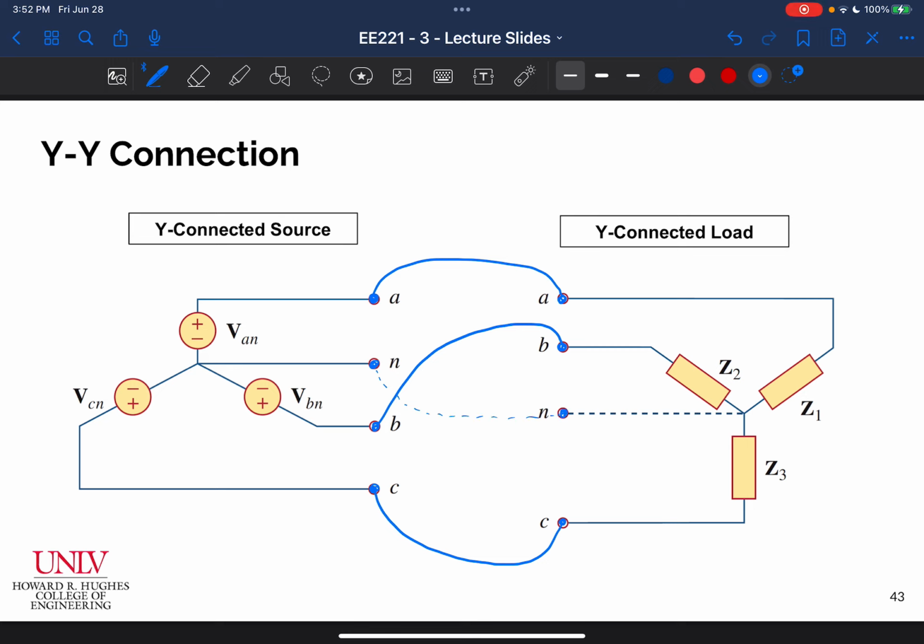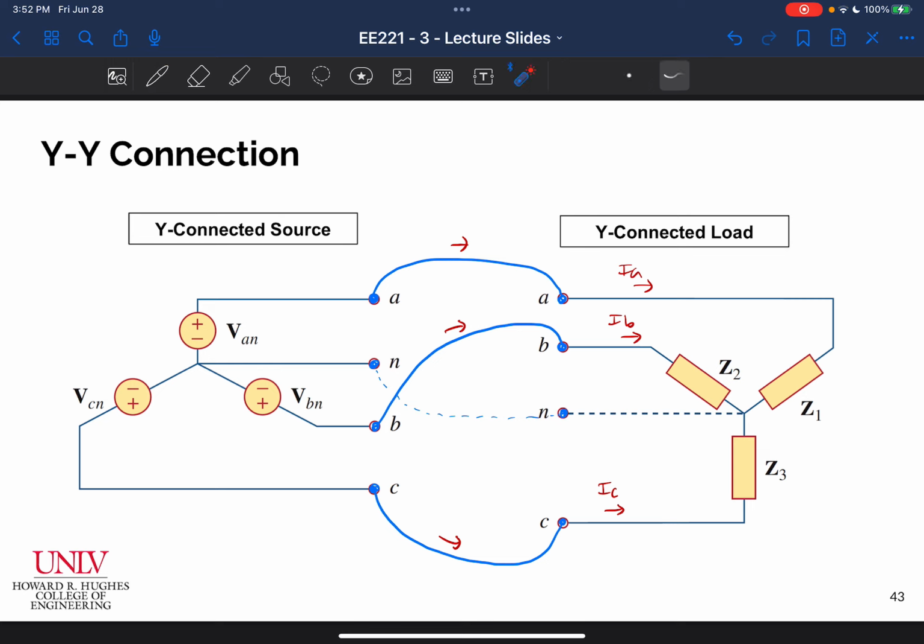Okay? And so if I analyze this circuit, what I'm going to be interested in, of course, are the line currents like I talked about. Those currents will show up over here: IA, IB, and IC. What's interesting about the Y to Y connection is that we can analyze the circuit on a per phase basis.